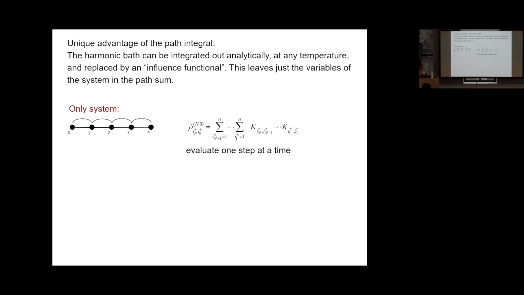So for an isolated system, we only have couplings between the variables that couple adjacent time points, and that's because the system is equivalent to a time-dependent Schrödinger equation, a first order differential equation. So there's no memory, and we just get nearest neighbor couplings here, Markovian dynamics. In that case, we could evaluate the reduced density matrix just the same way we would propagate a wave function, by eliminating the variables one at a time by doing matrix multiplication.